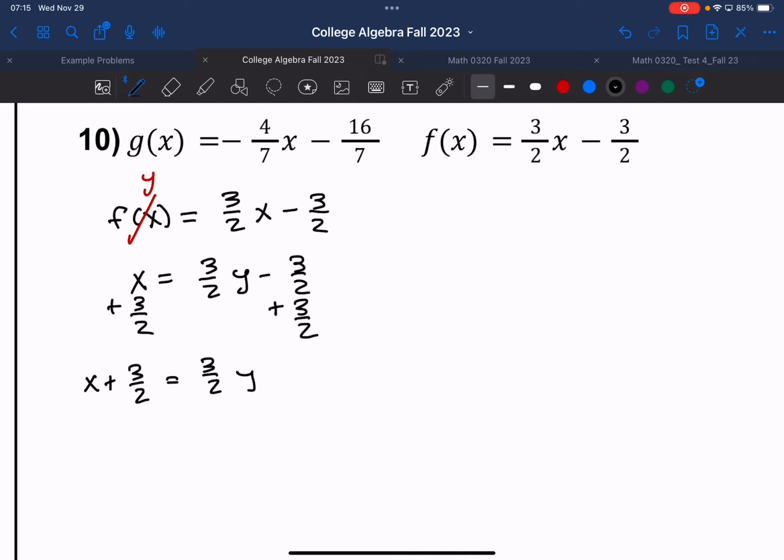Multiply by 2/3. Remember, multiply by that reciprocal. That always cancels out our fraction. Multiply by the reciprocal. That's only if we have a fraction, right? If we have a number, that's the whole thing. So if you're saying if 3y was like the numerator of a fraction, we would multiply by the denominator, right?